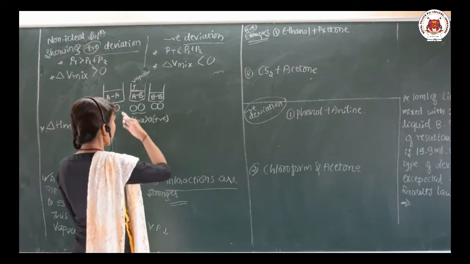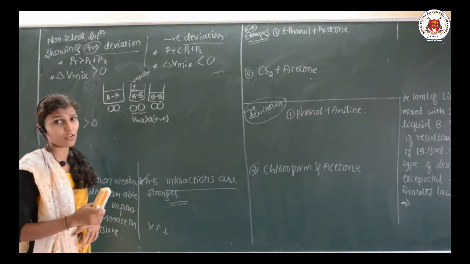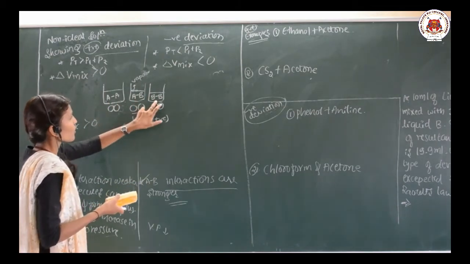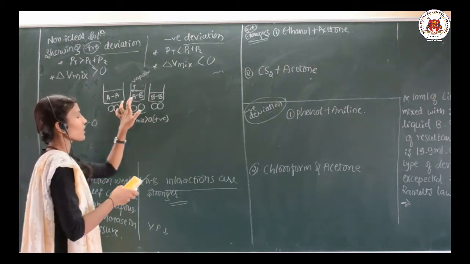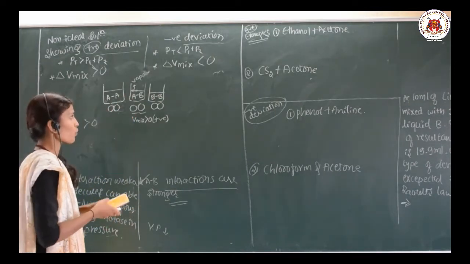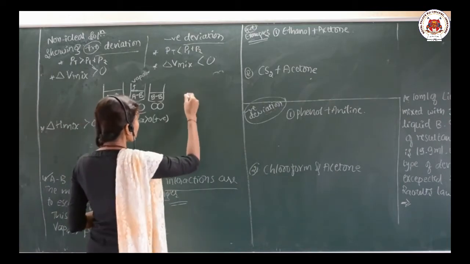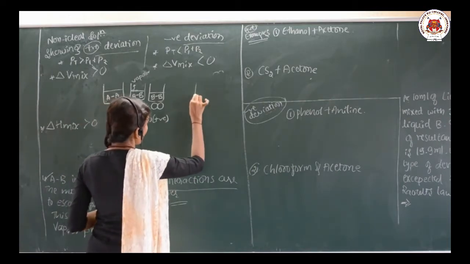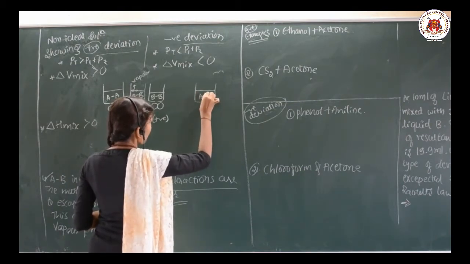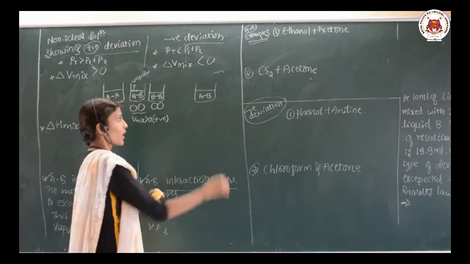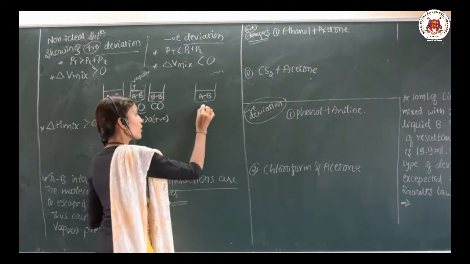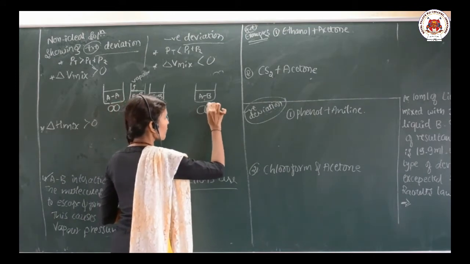So let me tell you, similarly in case of negative deviation also we are adding AA and BB, that is solute with solvent. When these two are combined, there is a formation of the binary solution. But the AB interactions in case of negative deviation will be like this. This is the AB interaction. So AB interactions in case of negative deviation are stronger. So I am going to draw like this.